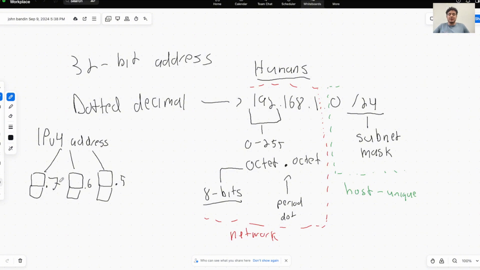Okay, so now that we got some of those basics out of the way, we're going to do a couple things. The first thing we're going to do is convert dotted decimal, the human readable format of an IPv4 address, into binary, and then binary into dotted decimal.